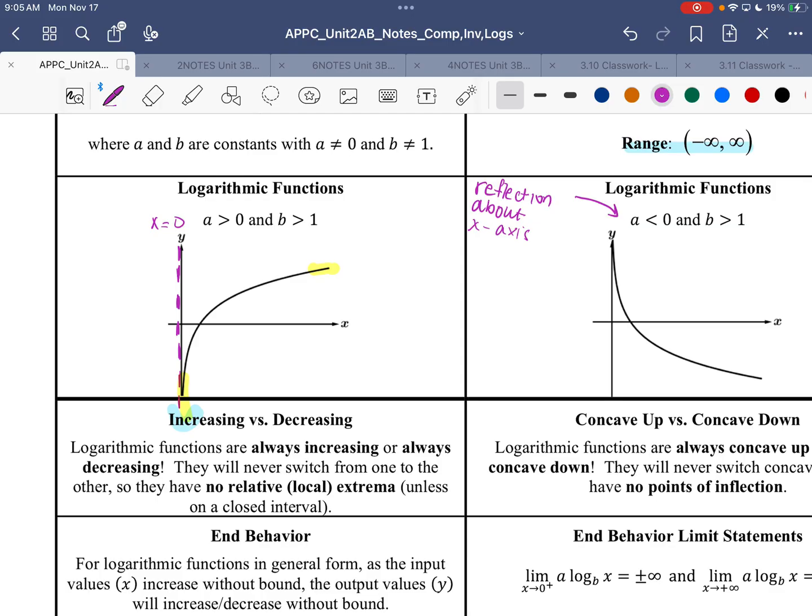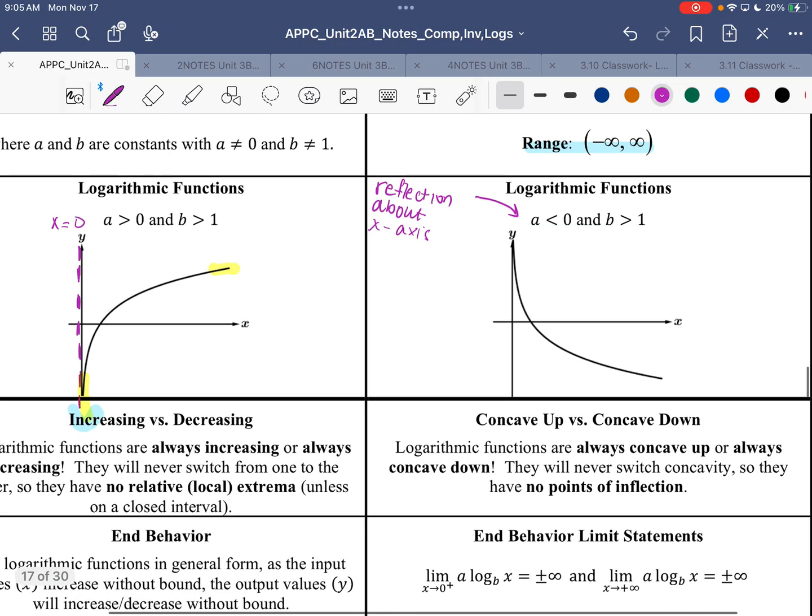Remember, functions have maximums or minimums, extrema, when the function changes from increasing to decreasing or vice versa. So logs have no maxes or mins. And then concavity. There are no points of inflection because there's no change in concavity.